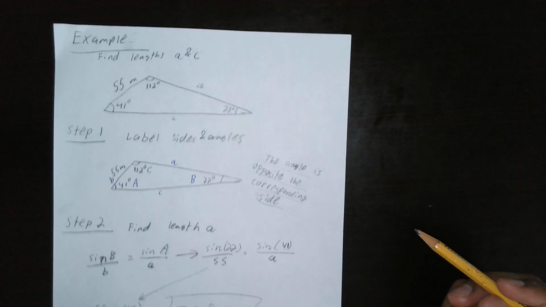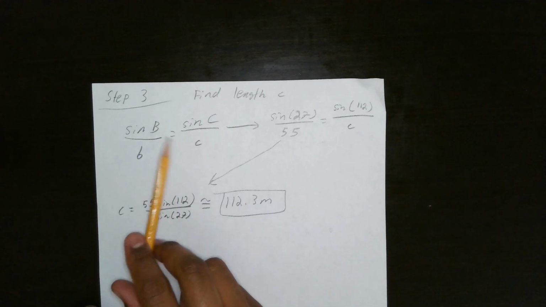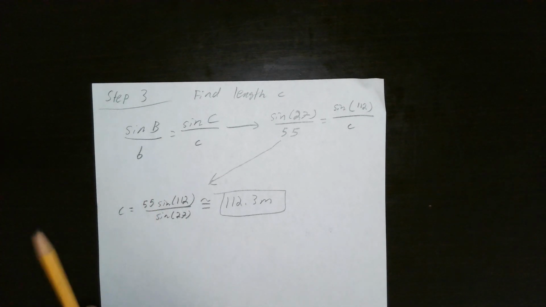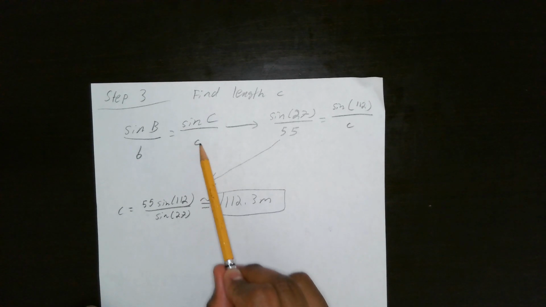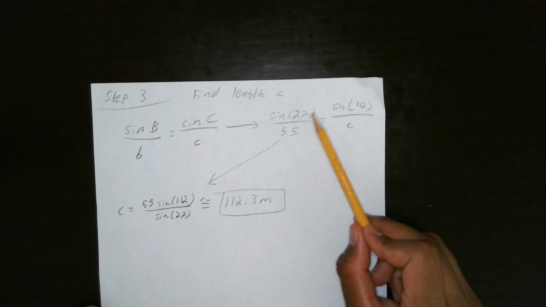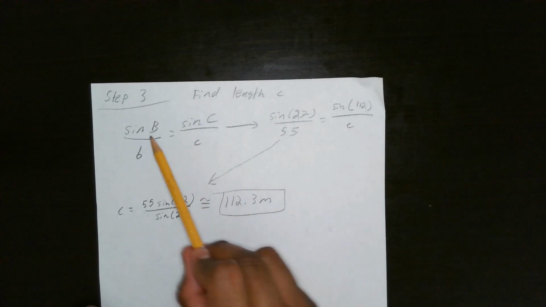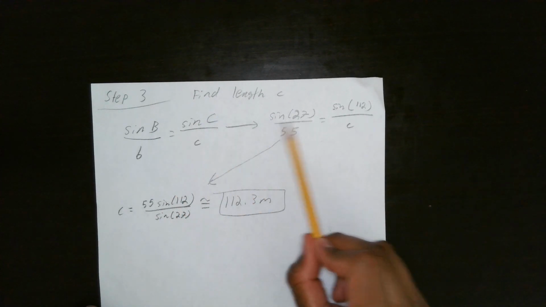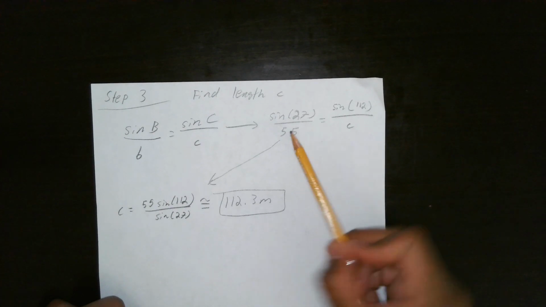Alrighty. Now to find the length of side C, we're going to use the law of sines again. The sine of angle B divided by the length of side B is equal to the sine of angle C divided by the length of side C. So for the sine of angle B, that's 27 degrees. We're dividing that by the length of B, that's 55.